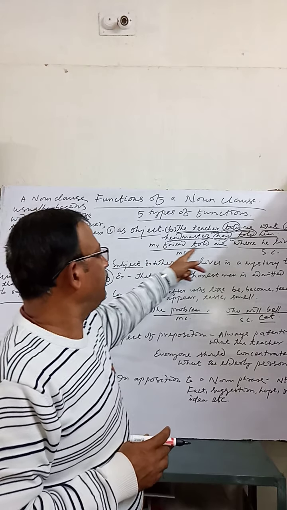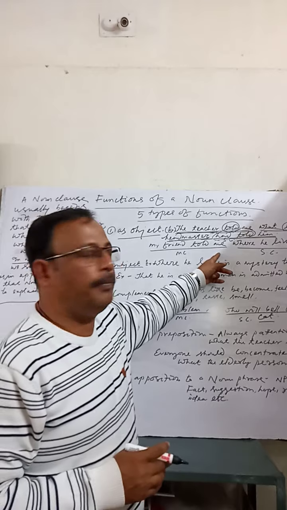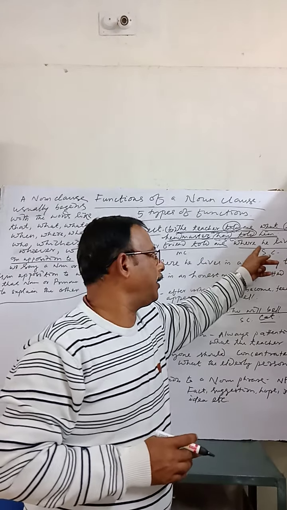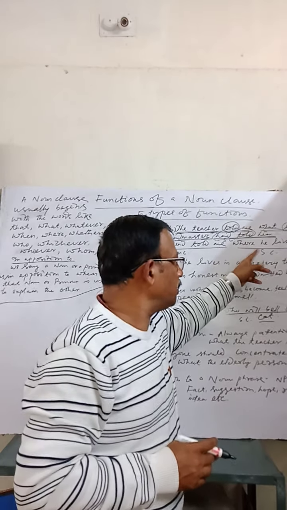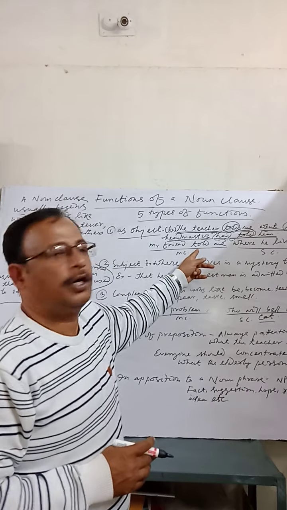Another example, it begins with the word what. Another example: my friend told me where he lives. My friend told me is the main clause. Where he lives is the subordinate clause. It begins with the word where. So this noun clause is also an object of the verb told.